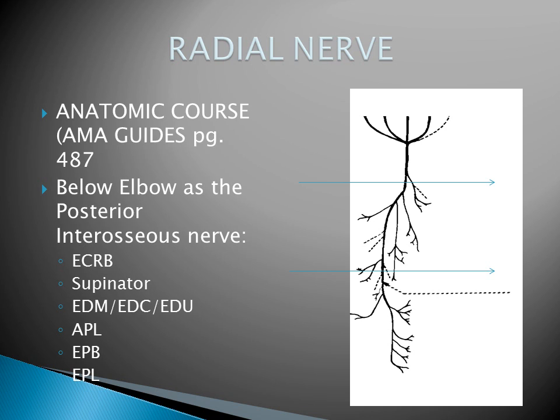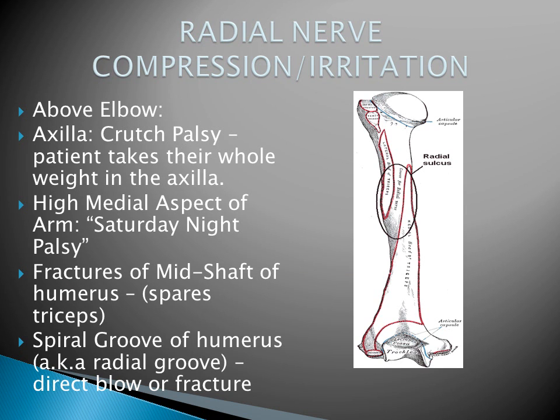Okay, so as you look at this diagram, or as you imagine it in your mind, what would be some potential sites of compression or irritation of the radial nerve along this course? Well, above the elbow, there are not many sites where the radial nerve commonly does get compressed and or irritated.